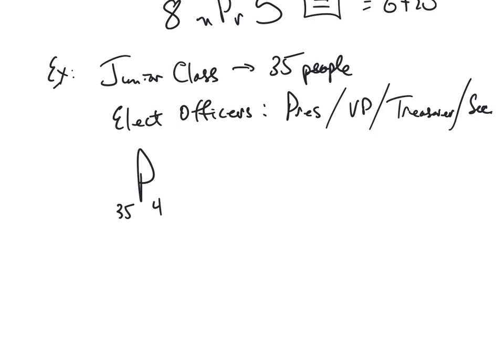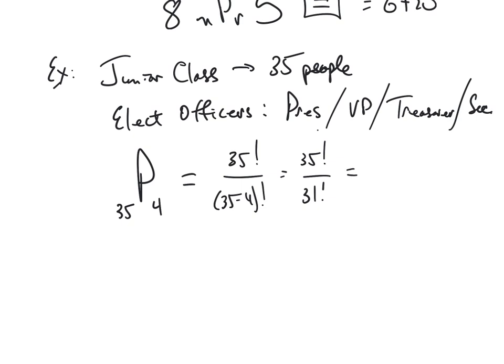And the reason it's a permutation is the order matters, because the president has different duties than the vice president, who has different duties than the treasurer, who has different duties than the secretary. So it matters who is first, second, third, fourth. And so the formula would say that this is going to be 35 factorial divided by the difference, (35 minus 4) factorial. 35 minus 4, of course, is 31.